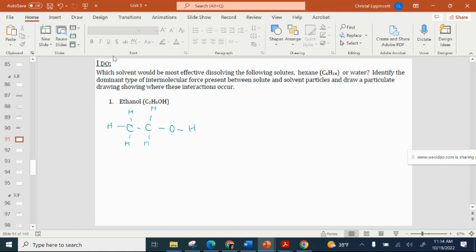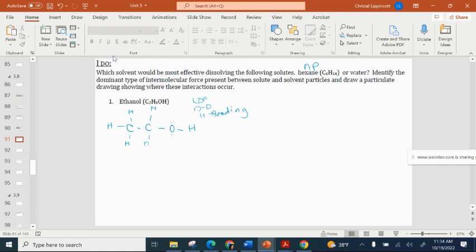What is this right here? This is going to have hydrogen bonding, right? So this has LDF always, dipole-dipole, and hydrogen bonding. So is that going to be attracted more to hexane, which is nonpolar, or water?